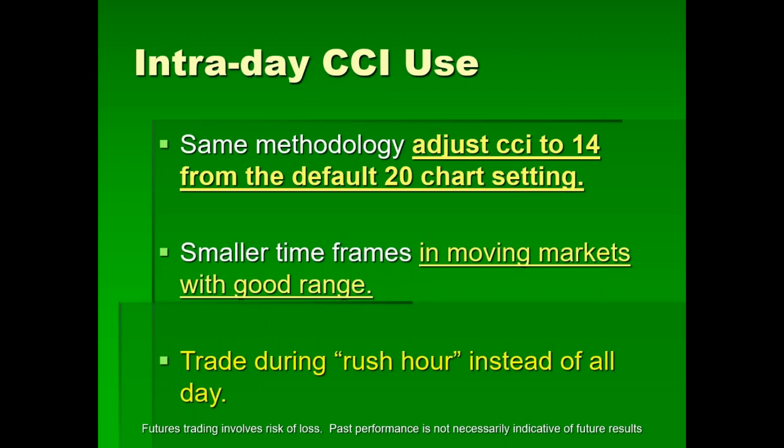You get stuck in these rabbit holes and you never accomplish anything. So 14 is pretty good. In fact, Wells Wilder Jr., the guy that invented RSI, used 14 a lot in his work. So 14 seems to be something about it that just works pretty well.